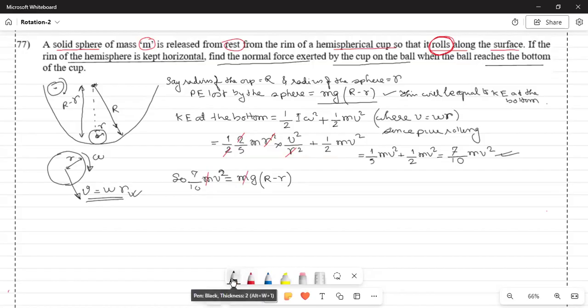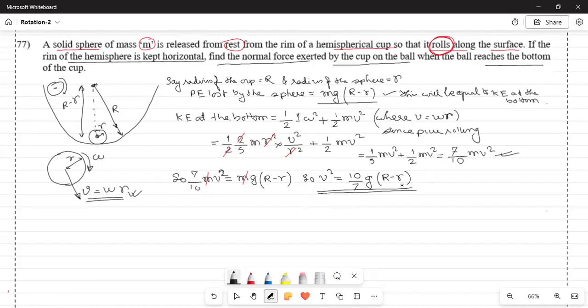So what we are left with is v square equal to 10 by 7 g into capital R minus small r. So this is one relation we got, v square.